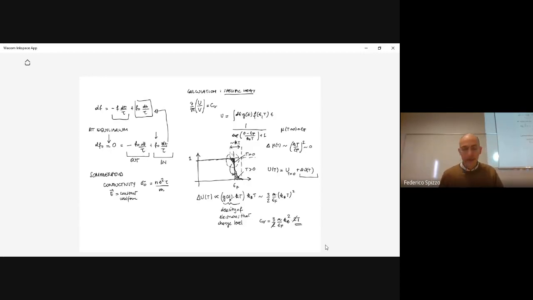So this is just an approximate value. This is not the actual value. But the important thing is that even if the coefficients are not exact, the temperature dependence is right. If we had done the full calculation, this is still just an approximation, so the important thing here is the T dependence.